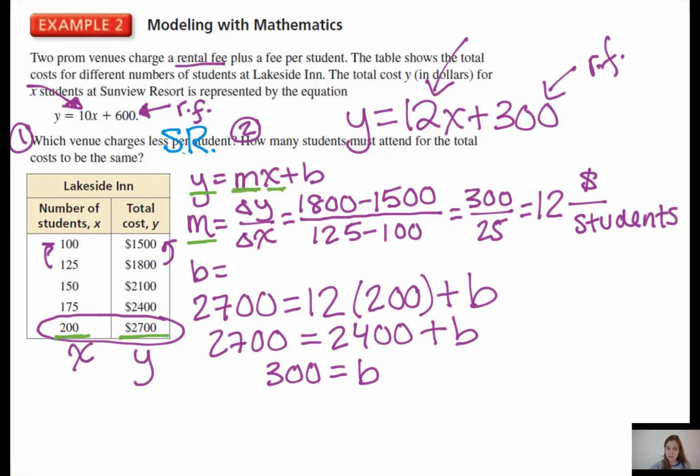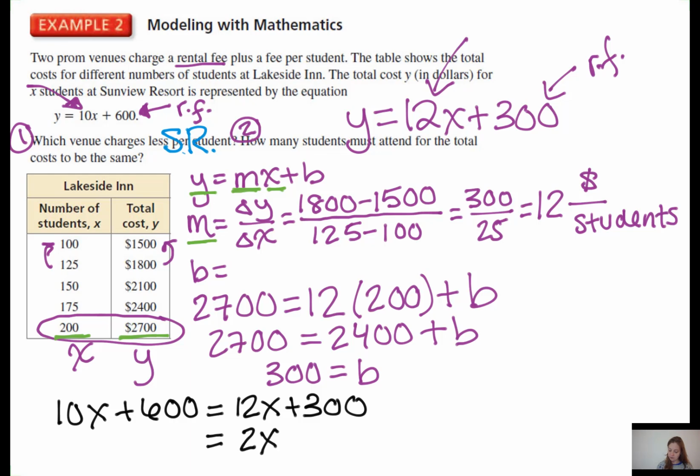How many students must attend for the total cost to be the same? To figure that out, we're going to set these two equations equal to each other. We have 10x plus 600 equals 12x plus 300. Get all the x's to one side by subtracting 10x from both sides.